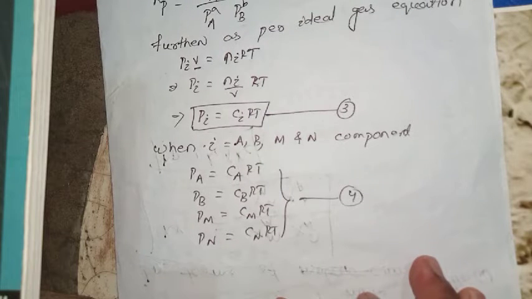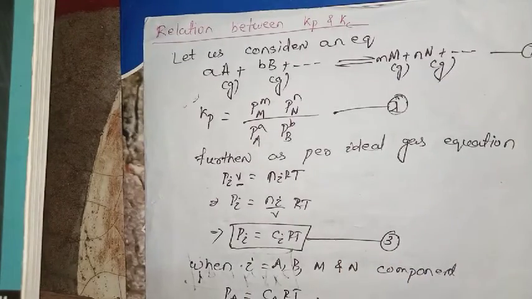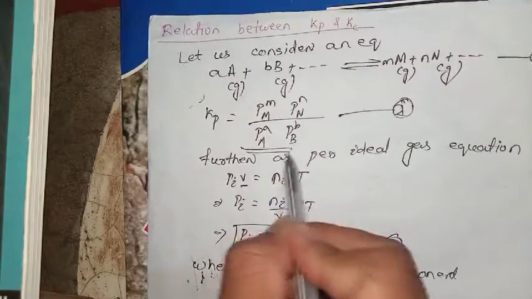Now we have found Pa, Pb, Pm and Pn. Putting equation 4 in equation 2, we put the values of Pa, Pb, Pm and Pn.